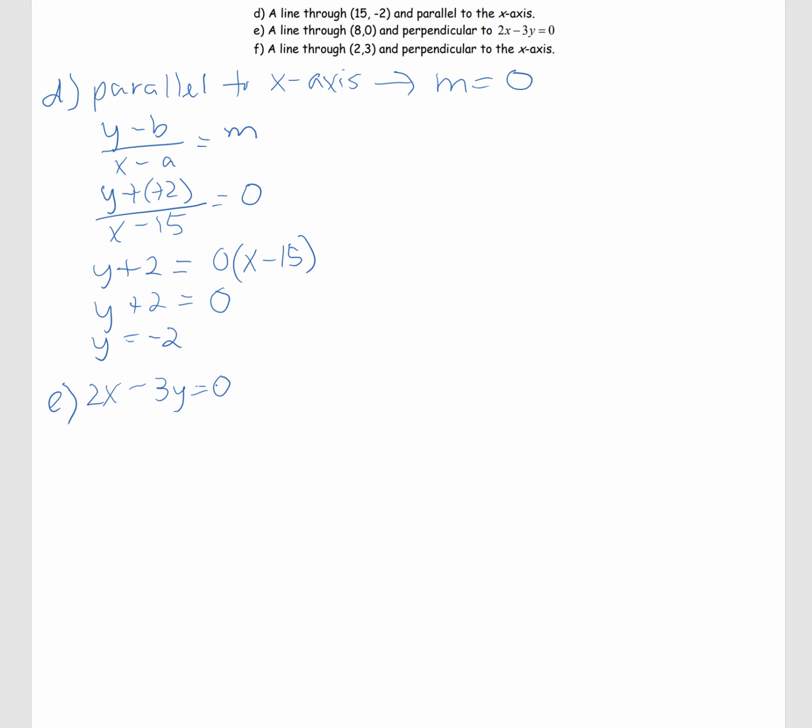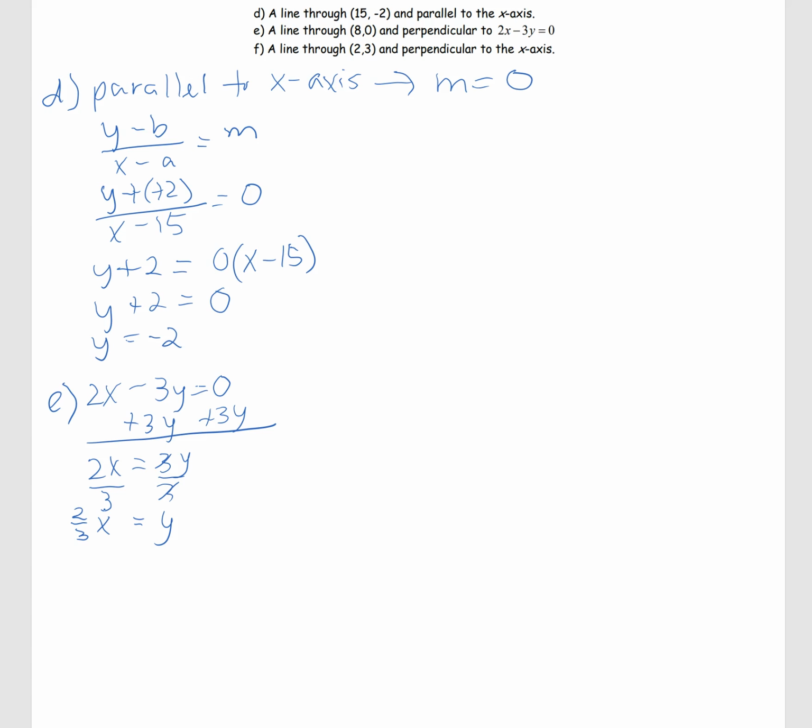And I'm going to add 3y to both sides to rearrange this a bit. This gives me 2x equals 3y. Solving for y by dividing by 3 on both sides gives me y equals 2/3 x.